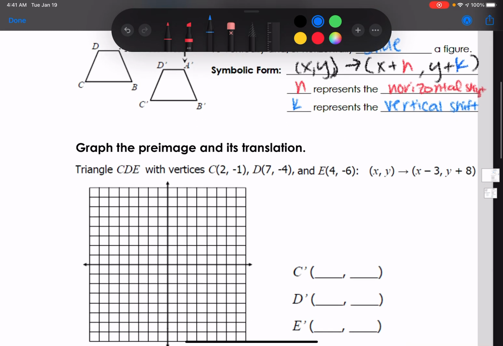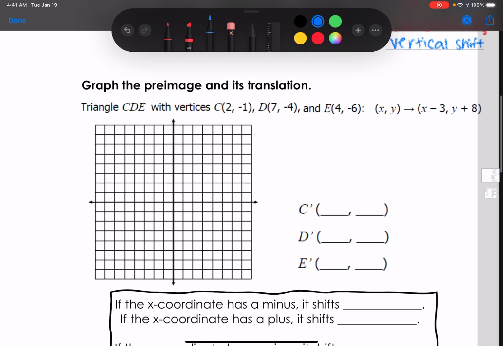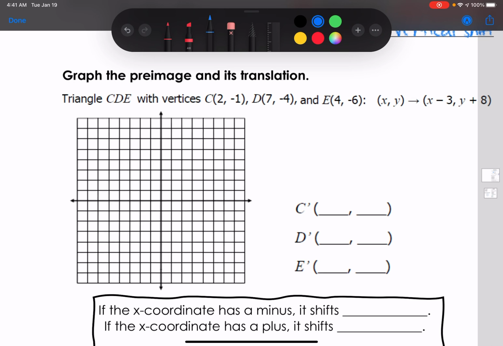All right, so this one is asking us to graph the pre-image and its translation. Your pre-image, you'll notice, is CDE. Your translation, or your new figure, the image, is always going to be whatever prime, whatever prime, whatever prime. So our new figures are going to be C prime, D prime, E prime, and that's what that apostrophe is for.